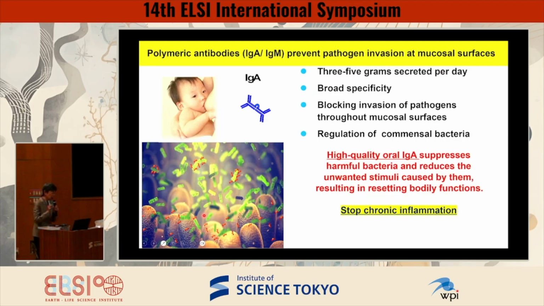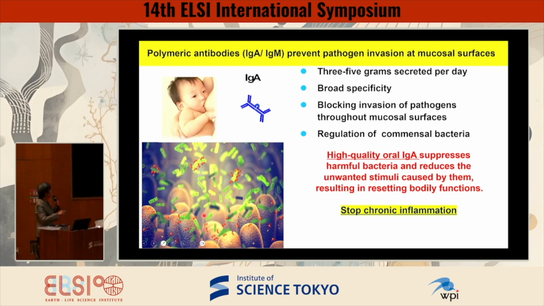But we have a very good immune system. Among its components, the IgA antibody is produced as a polymeric IgA, especially at mucosal surfaces.